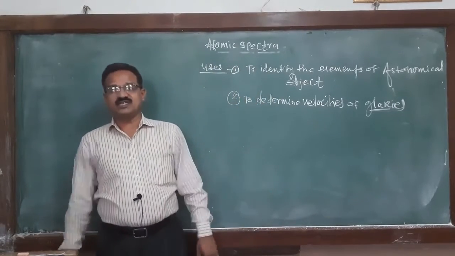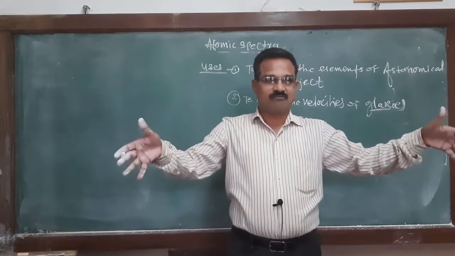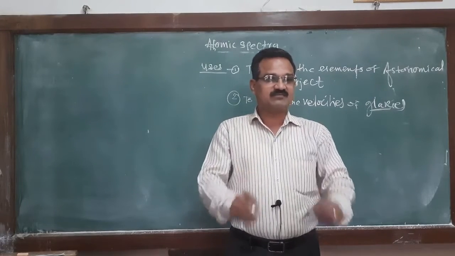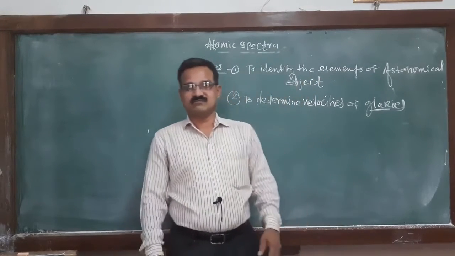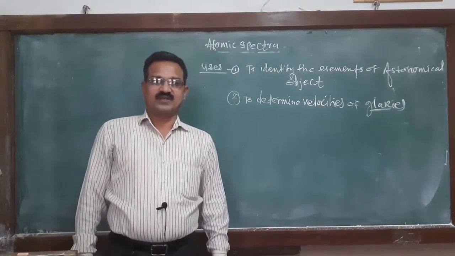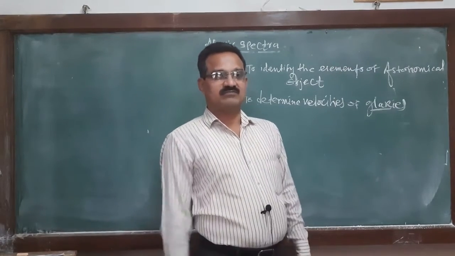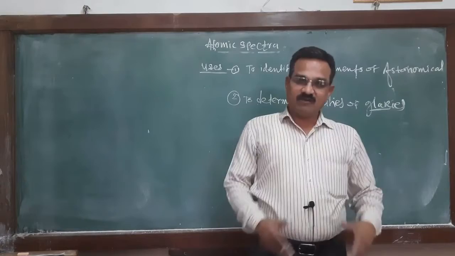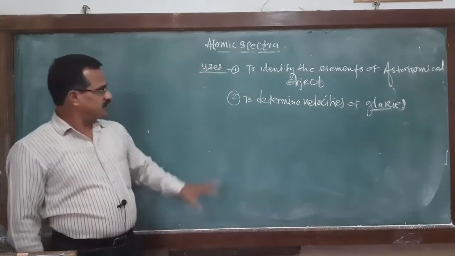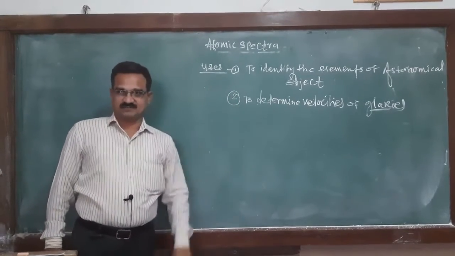How the wavelength and frequency change when the source of sound and observer come close together towards each other, at that time wavelength decreases and frequency increases. Or when the source of sound moves away from the observer, wavelength increases and frequency decreases. A similar concept applies in case of light.